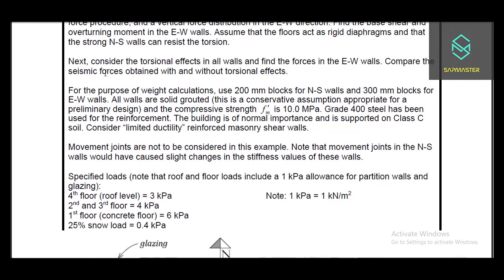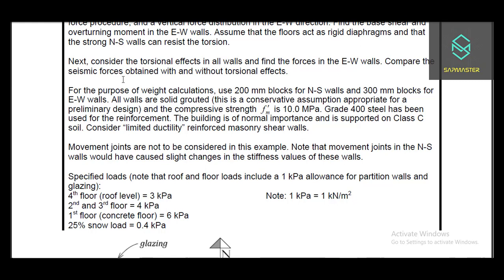Then we're going to consider the torsional effects, which are also included in the standard. We're going to consider the torsional effects in all walls and find the forces in the east-west walls, and compare the seismic forces obtained with and without torsional effects.